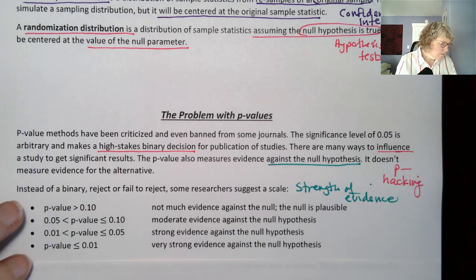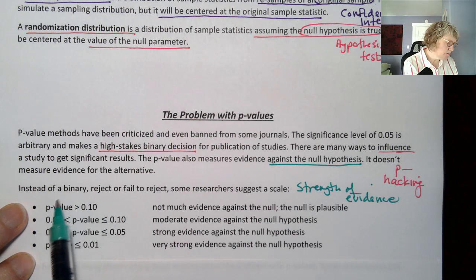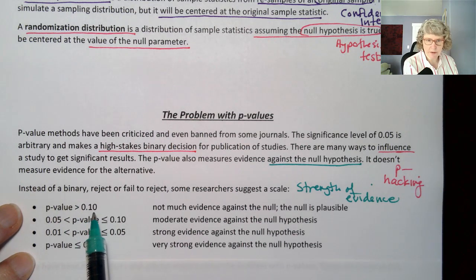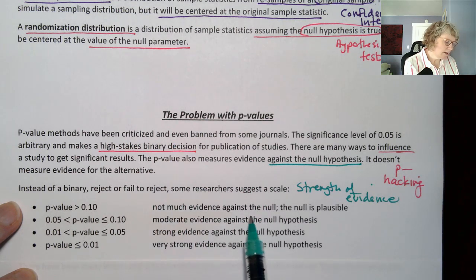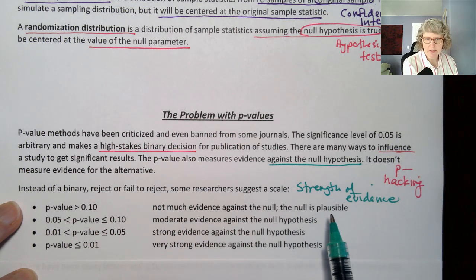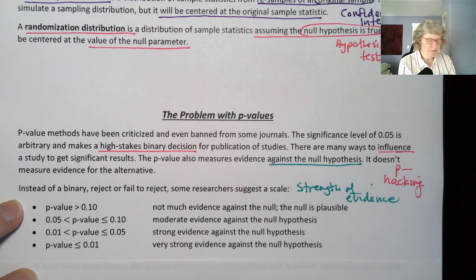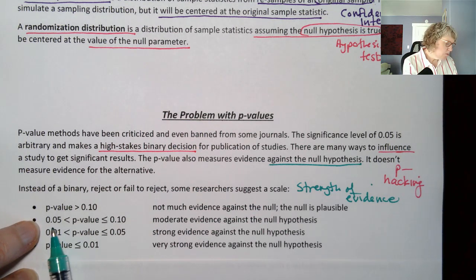So let's look at a few different ranges. Let's say your p-value is big. It's greater than 0.10. We could say there's not much evidence against the null. The null is plausible. It could happen 10% of the time, so it's fairly likely. Then maybe between 0.05 and 0.10, that's moderate evidence against the null. Up till now, we've been failing to reject the null in these two cases.